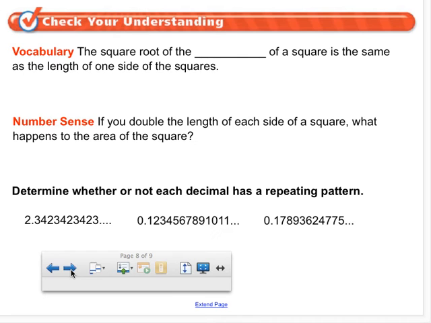Okay, almost done with the lesson for the day. The square root of the blank of a square is the same as the length of one side of the square. Think about what we did with the boxes earlier.